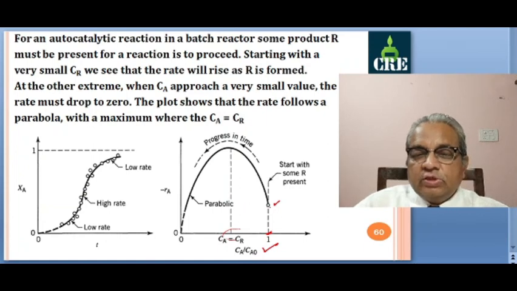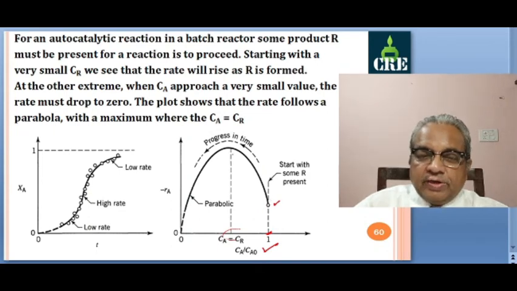So initially the rate is less, as R is formed the rate increases, and it will reach some maxima, and thereafter as A is getting consumed, the concentration of A goes on falling, and the rate will also fall, and ultimately at some value all A will be consumed. So a kind of parabolic curve you will get, and this is showing progress in time. Initially some low rate, then it picks up, then reaches maxima, and then the rate falls.